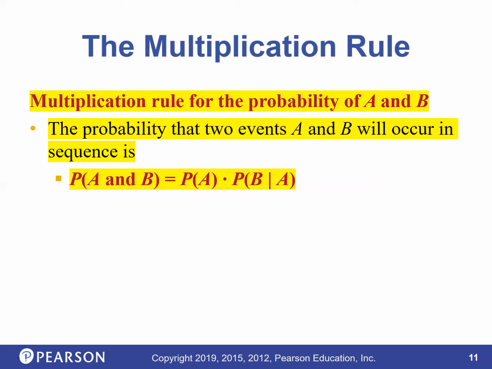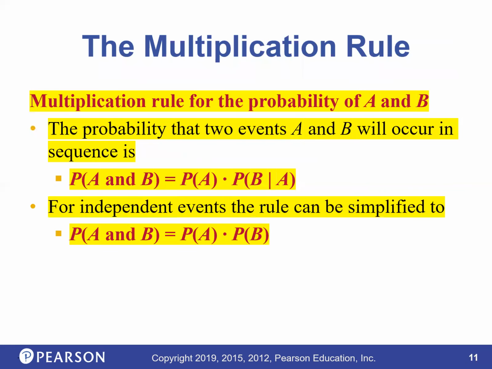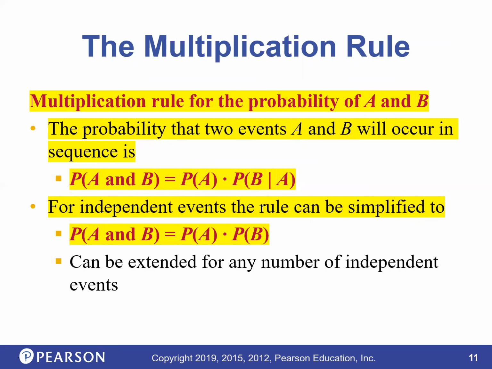Now we're looking at events that have happened in sequence. So A occurred and then B also occurred. What we have to think about is rule number one, this one right here.